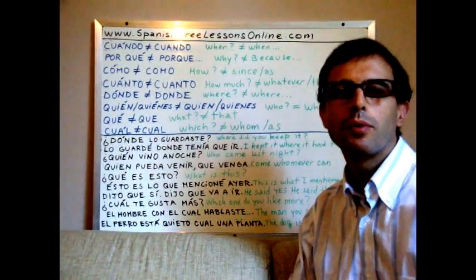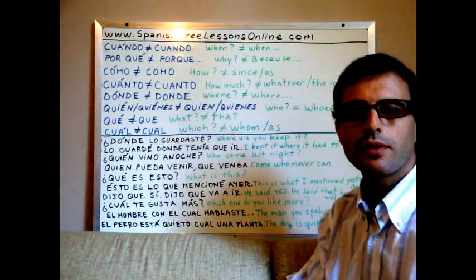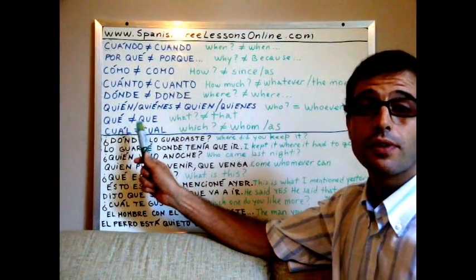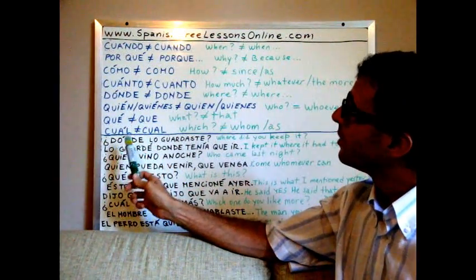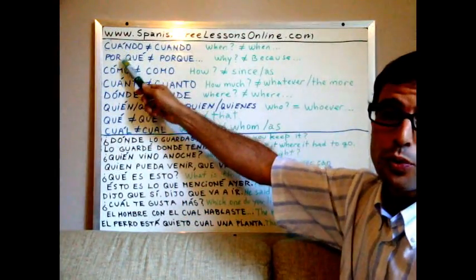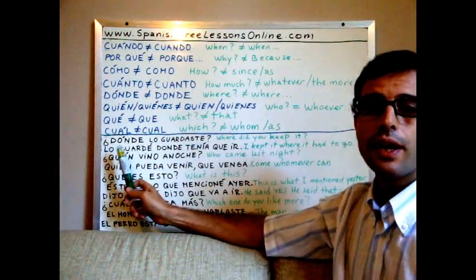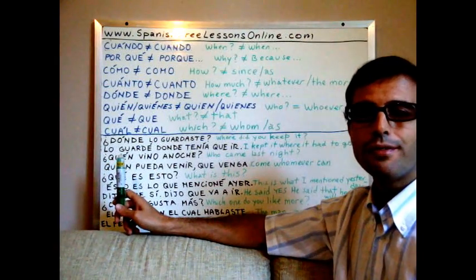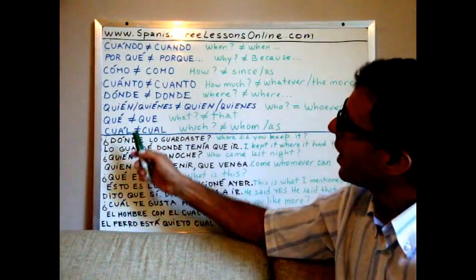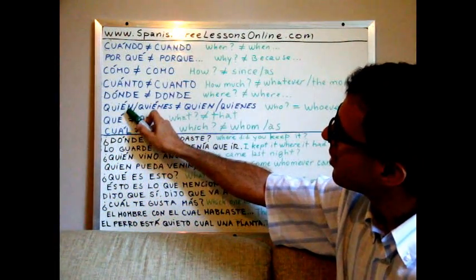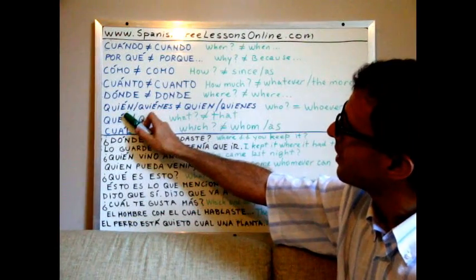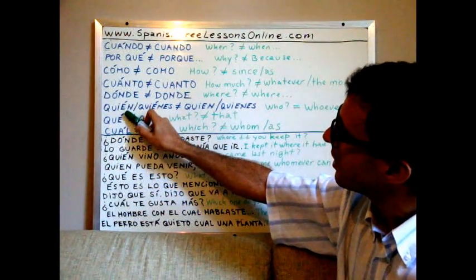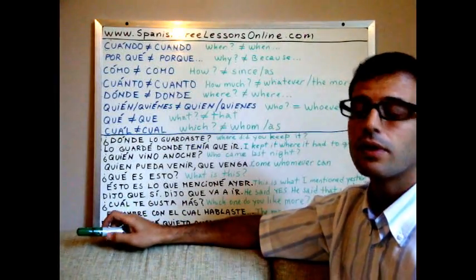In today's lesson, I will show you some examples in sentences using the words we had seen in the previous lesson, right? We had learned the question words in Spanish and how these question words are used with a different meaning when we remove the tilde, right? This little line, the small line that is on top of some vowels.